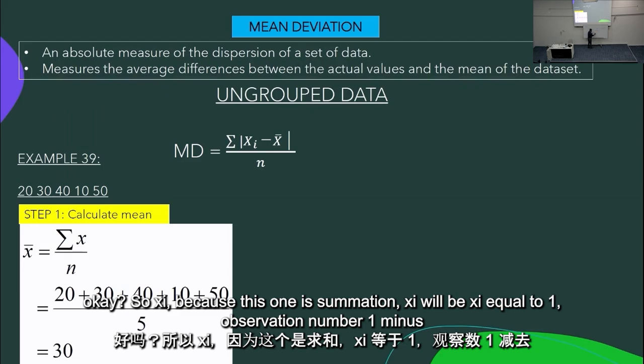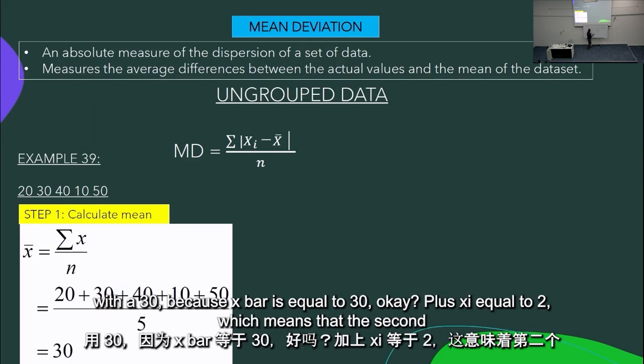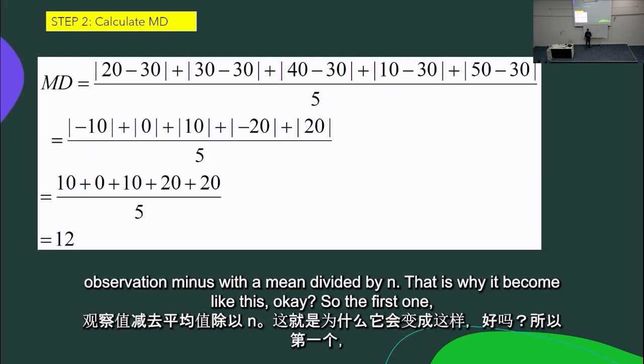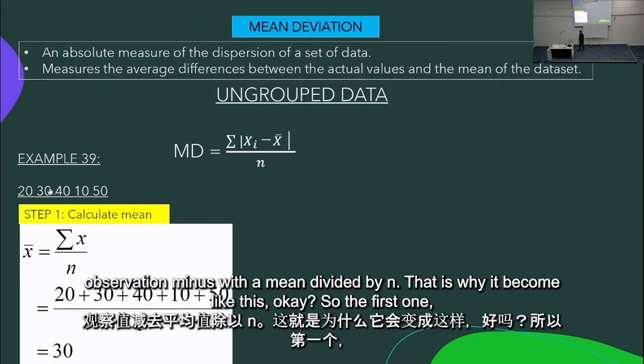Because this is a summation, xi equal to 1 is observation number 1 minus the 30, because x bar is equal to 30, plus xi equal to 2, which means the second observation minus the mean, divided by n. That is why it becomes like this.